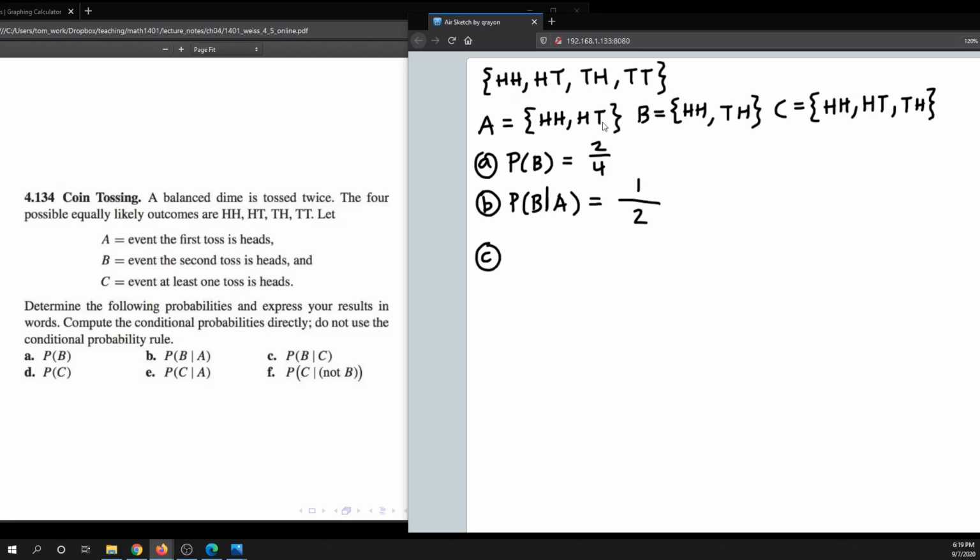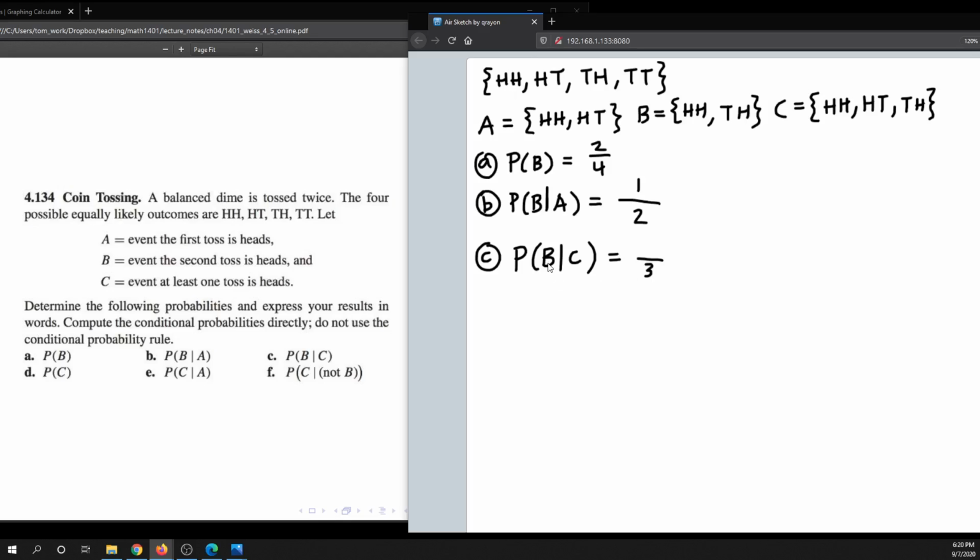All right, part C, they want to know what is the probability of B given that C has occurred. Okay. All right, so this is a conditional probability, right? We're given that C has occurred, so now C becomes our sample space. And that means that the bottom number on our probability is going to be a 3, the number of elements in our sample space.